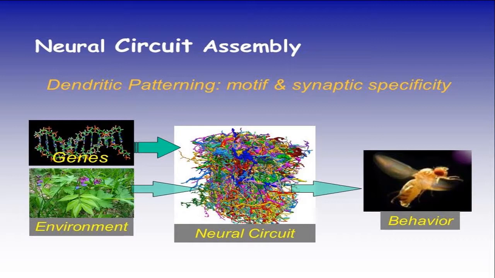So this is really a big conceptual question: how can the genome, with much less information, instruct complicated structures such as our brain?